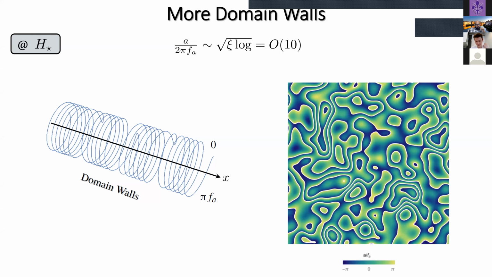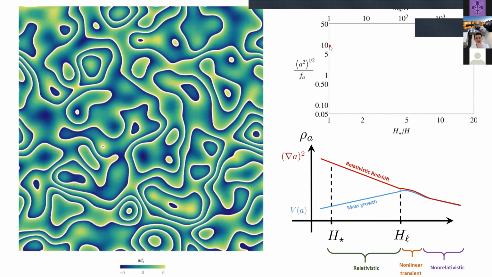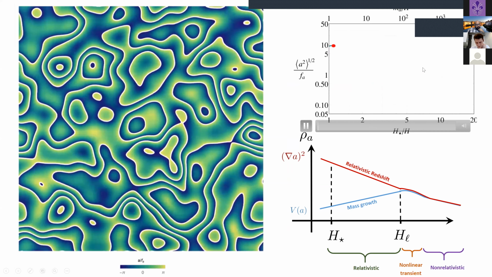However, these domain walls at this time are not relevant because the exponential is negligible, as I said. So during the subsequent evolution, the field and domain wall evolve freely during the relativistic regime because the potential is negligible, while the average axion amplitude will drop.